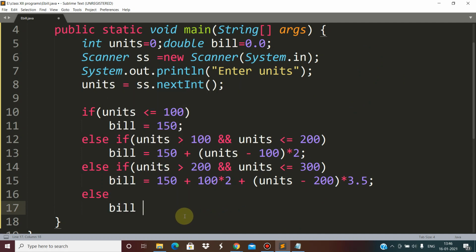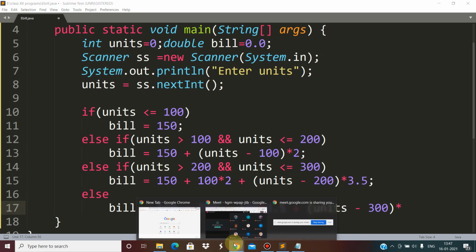And here you have to write bill is 150 plus 200 plus 100 into 3.5 plus the remaining part, units minus 300 into, what is that?